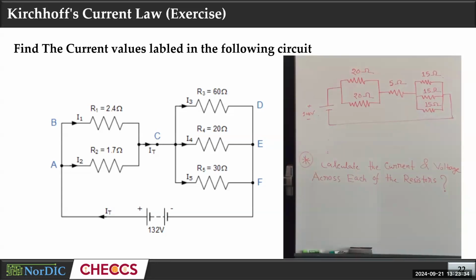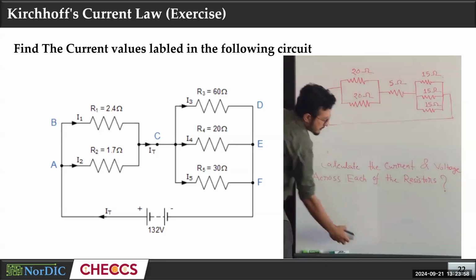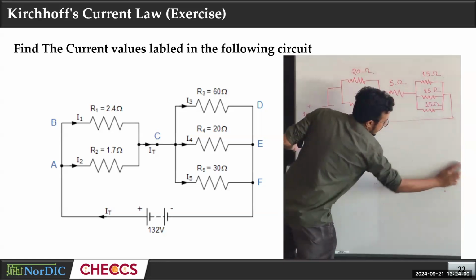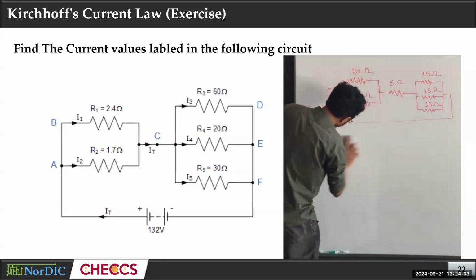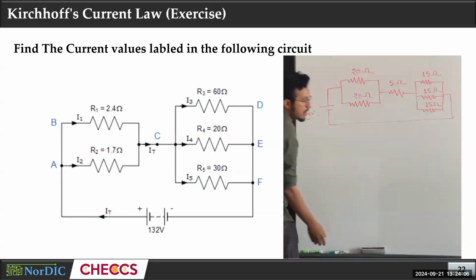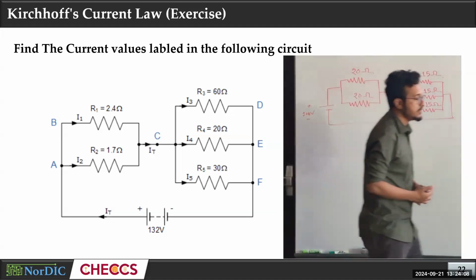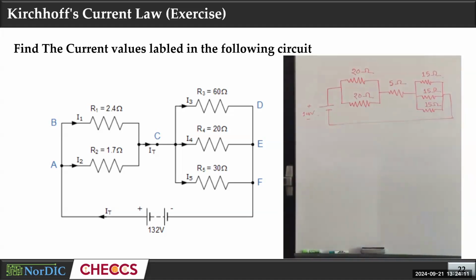Not the concepts you already learned, but something that will give you the idea to solve it very fast. Otherwise, you have to calculate the overall current, then the equivalent circuit, a lot of steps. This is called voltage division. If you remember, in a series connection, the voltage is divided between the different series resistances.